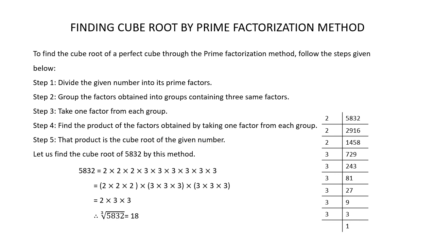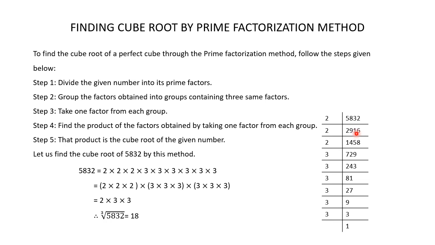Let's understand this with an example. Find the cube root of 5832 by prime factorization method. So first, divide the given number 5832 into its prime factors. So divide 5832 by 2 first. You will get 2916. Divide again by 2.